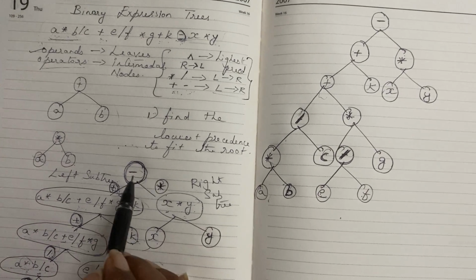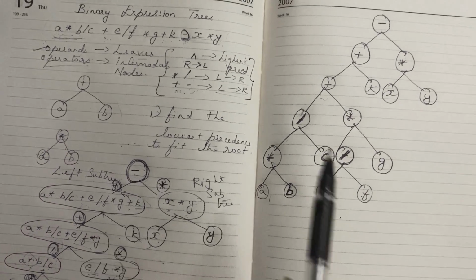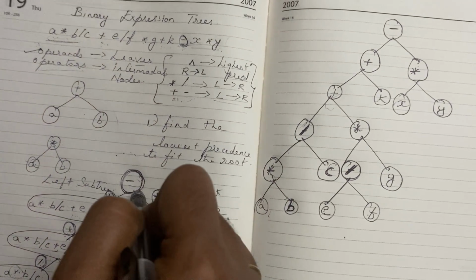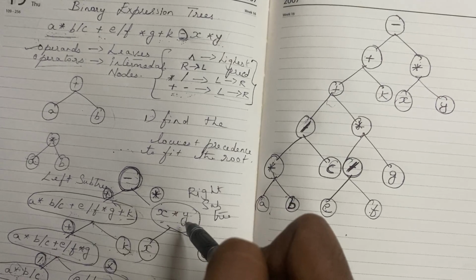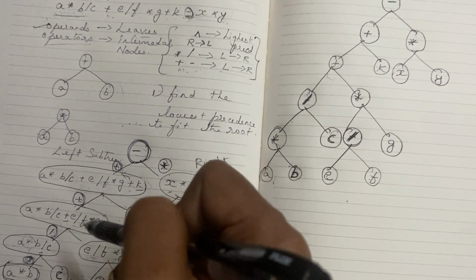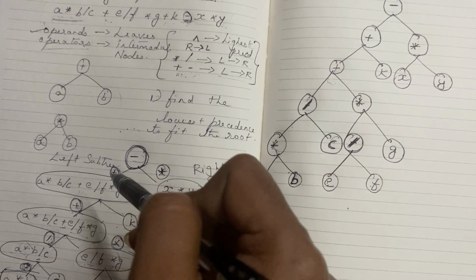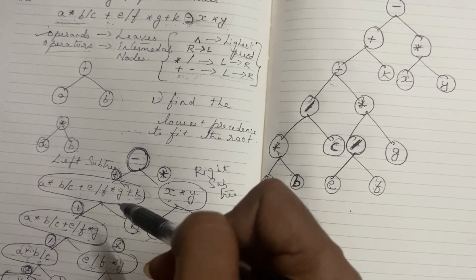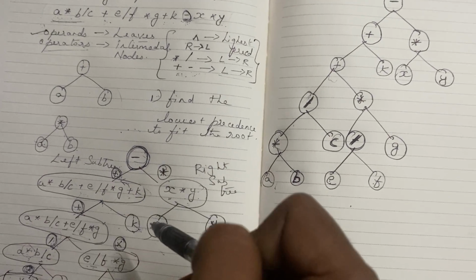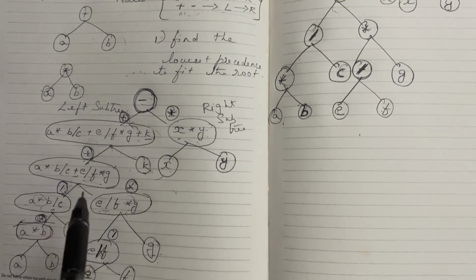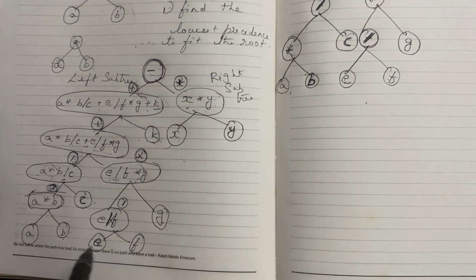So initially when you have to build a tree, first you have to find the lowest precedence operator and put it at the root. From there you split the equation into a left subtree and a right subtree, and then again you follow the same rules. For the left subtree, again you find the lowest precedence, split it into left and right subtrees, and keep splitting until you have the operands at the leaf.